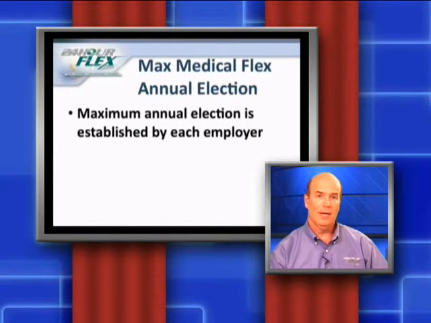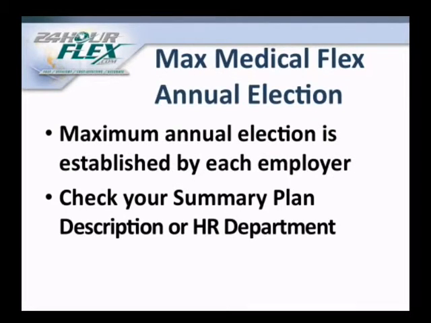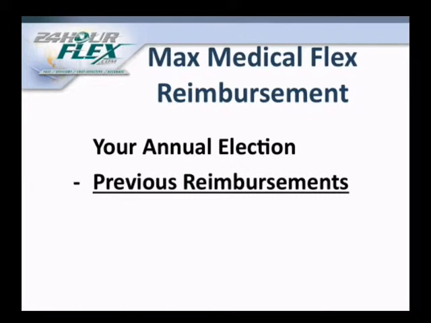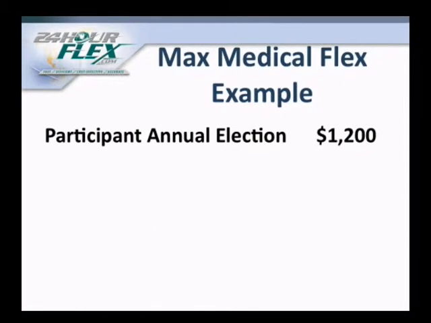The maximum medical flex annual election is established by each employer, so it's important that you check your summary plan description or talk to your human resource department for the maximum amount. The maximum that can be reimbursed is your annual election minus previous reimbursements, and that equals the maximum reimbursement. Let's take a look at an example.